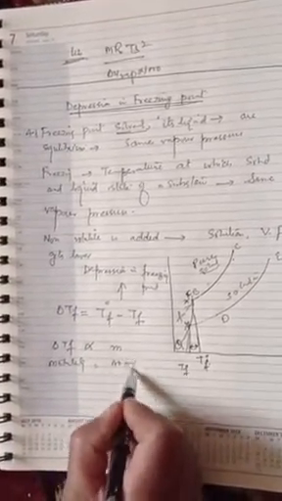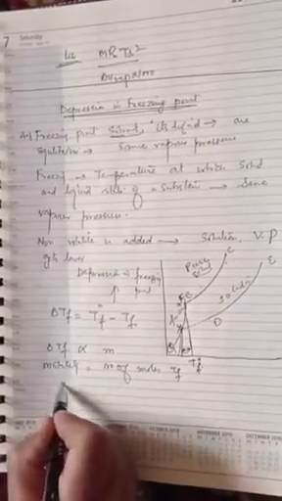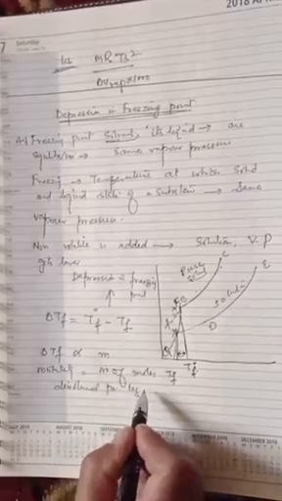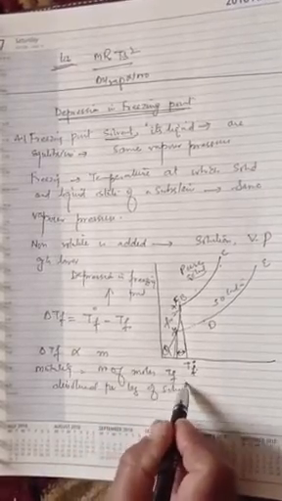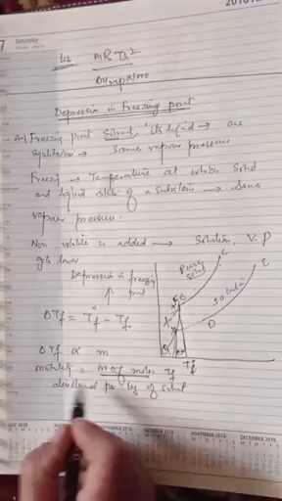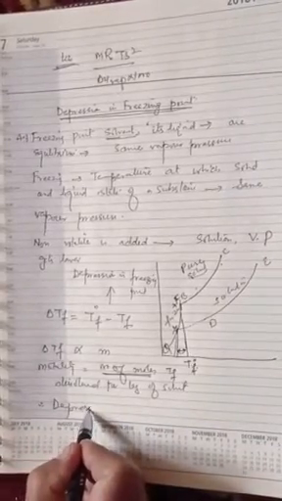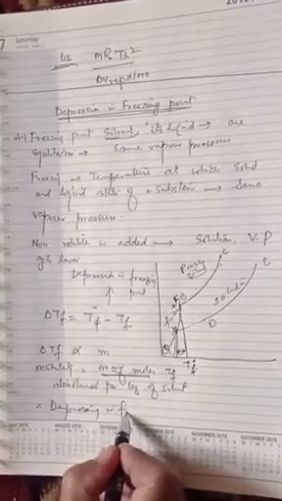So now there is a difference. This difference is the depression in freezing point. So we know that ΔTf is equal to T°f minus Tf, since T°f is greater.